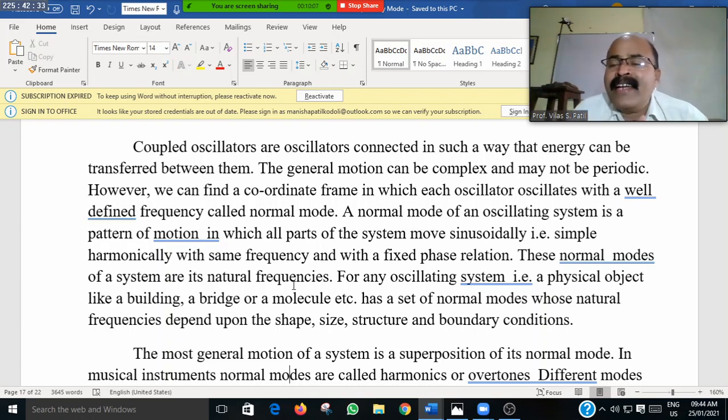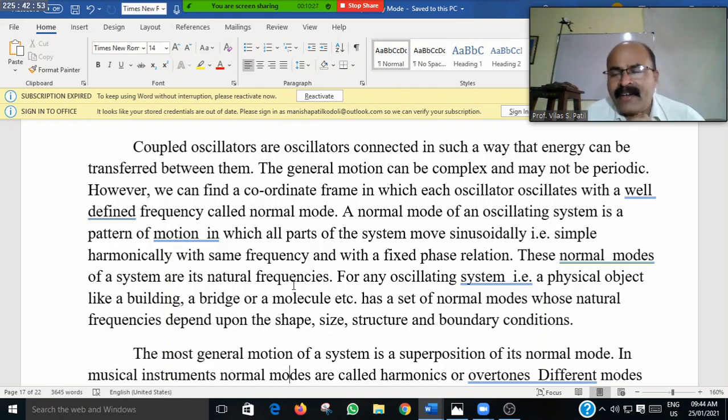Energy is transferred from one pendulum to the other through the spring, and due to that transfer of energy both pendulums start oscillating from the mean position. That is known as a coupled oscillator.